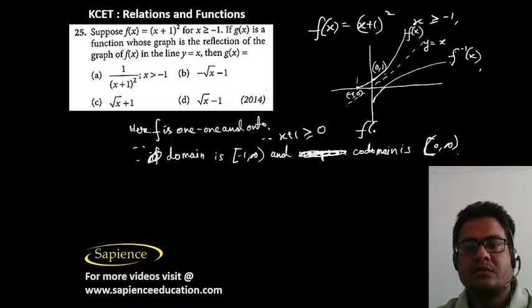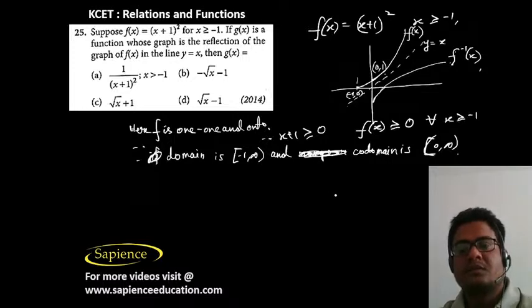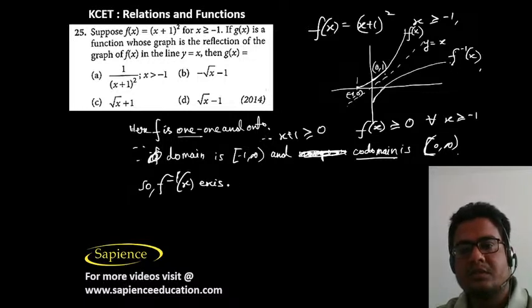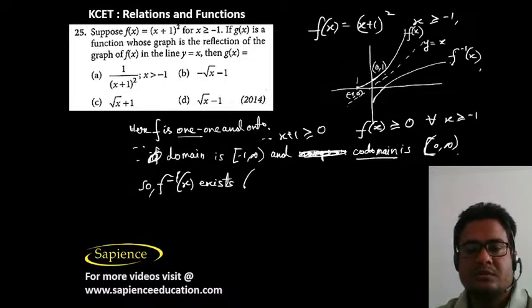Since the function f of x will be greater than or equal to 0 always for all x greater than or equal to minus 1, the codomain is same as the range, and the function f is one-one. Therefore f is one-one and onto, so f inverse exists. It is an invertible function.